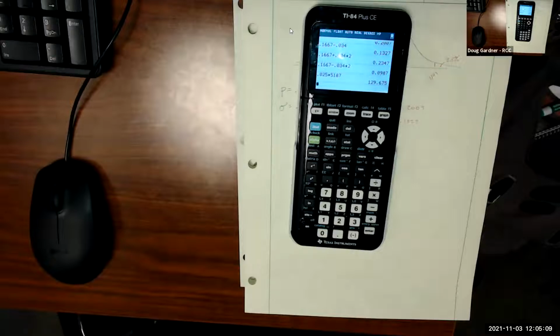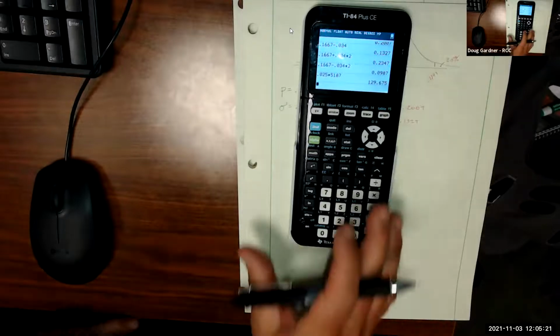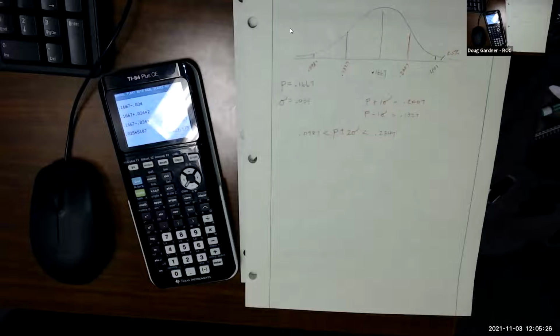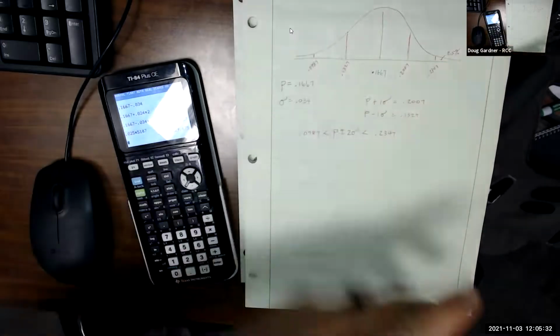With 5,187 rolls of the dice, that's actually 130 times I would expect to get something that high. That's a tiny percentage, but it's quite a few.